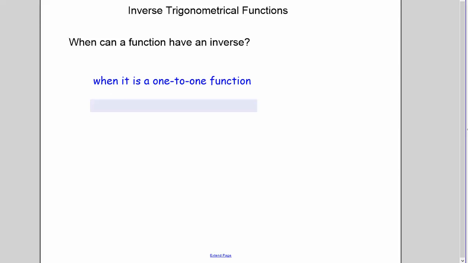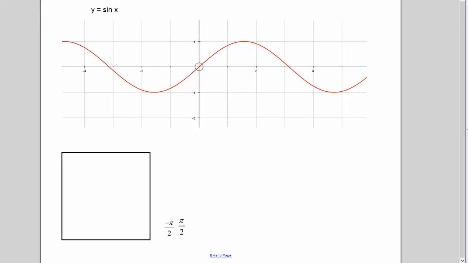So let's have a look at the trig functions, and first of all we'll have a look at sine x. Now we can see that sine x isn't a one-to-one function, it's a many-to-one function. So let's see if we can restrict the domain so that it is a one-to-one function.